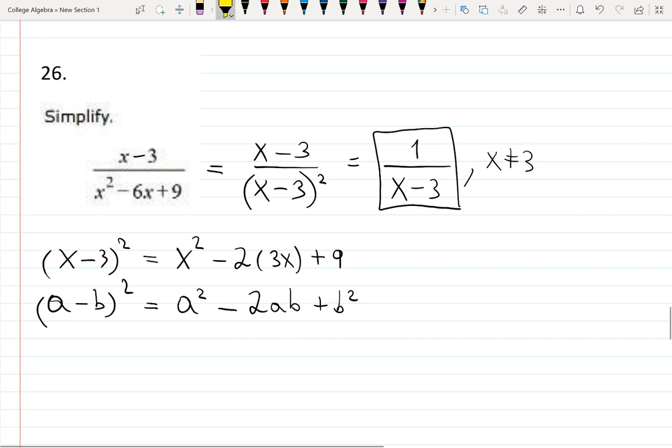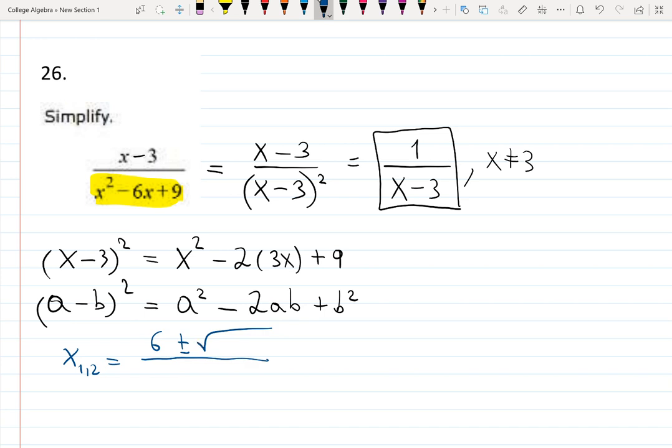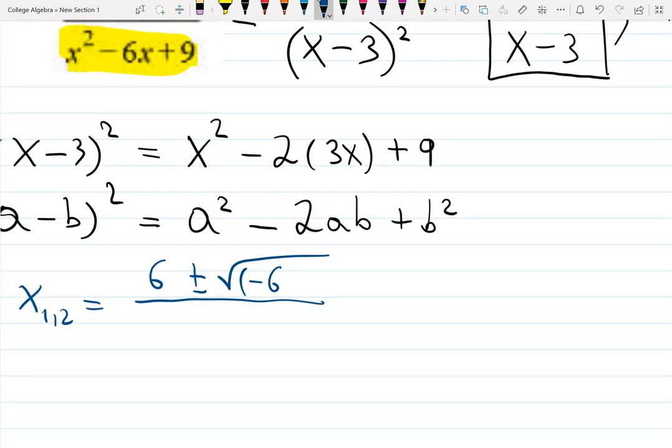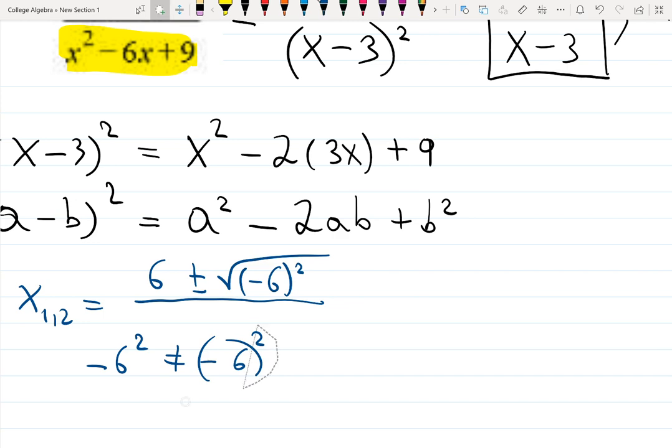You could also use the quadratic formula to find those roots. Would you like me to show you? x1,2 is minus b, that's minus 6, plus or minus the square root of b squared. So be careful here: minus 6 squared, put it in parentheses, that's important. Because minus 6 squared is not the same as minus 6 squared without parentheses. Parentheses here will be crucial, and I saw students making mistakes here all the time.